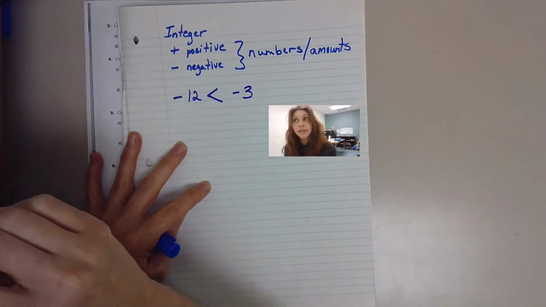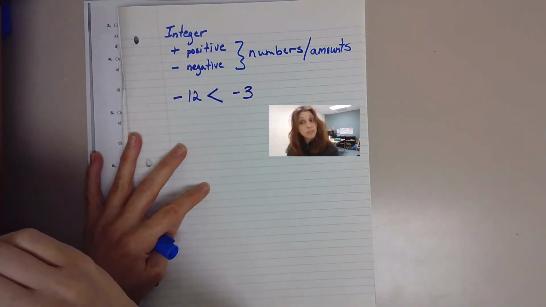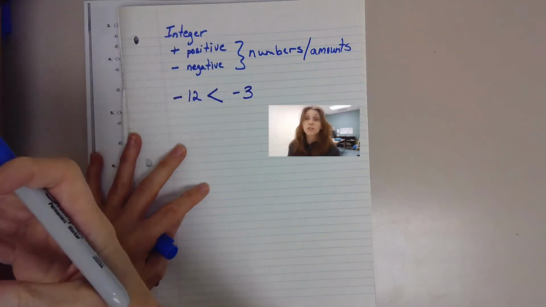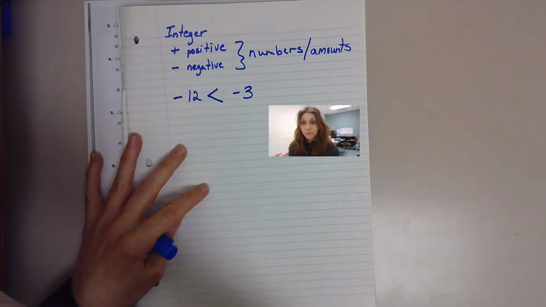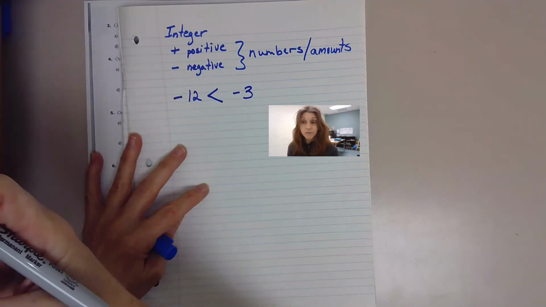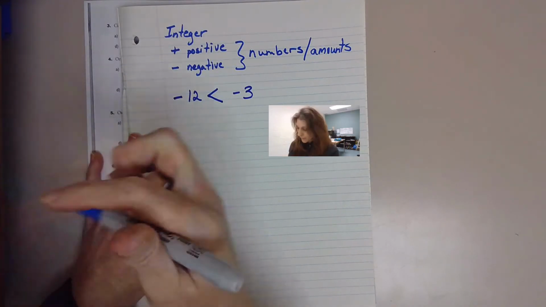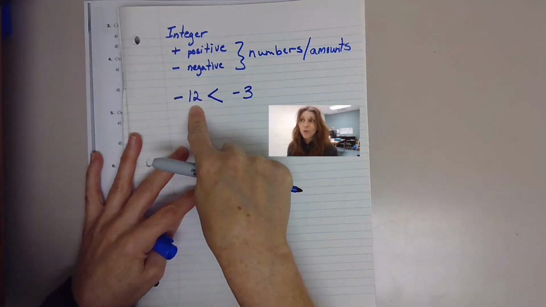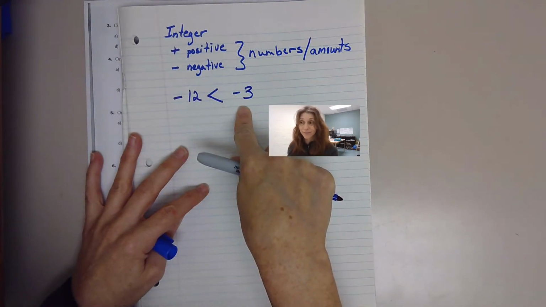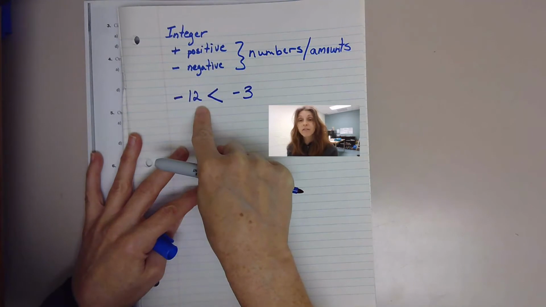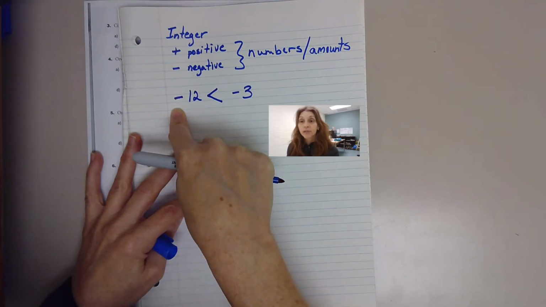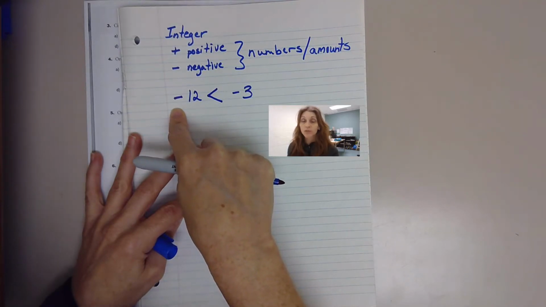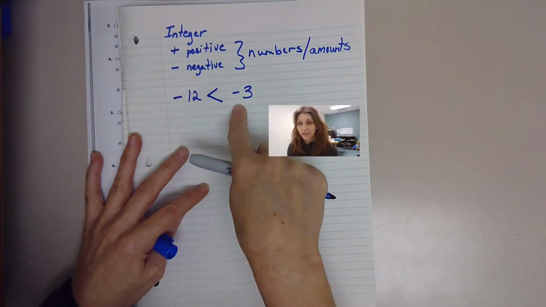And this is something that sometimes confuses kids when we're first learning about integers, because our experience with numbers before this meant that the number 12 was larger than 3. But this is 12, but it's in the negative. So you've lost more, okay? So you are taking away more. So it is smaller than this number.